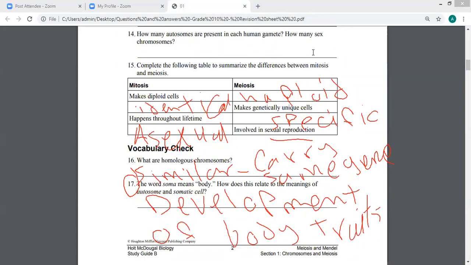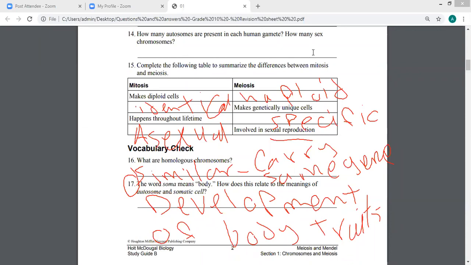Autosomes are similar in all humans, similar in their structures, their functions, their traits. For example, chromosome number 1 carries the eye color trait.